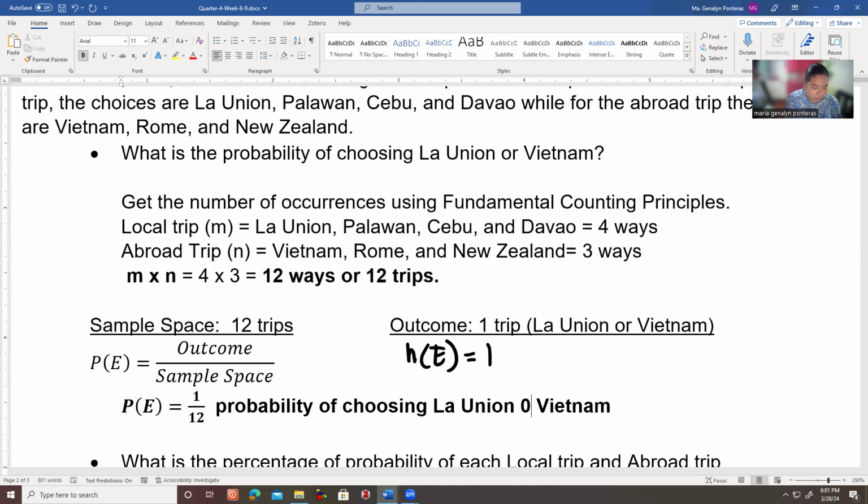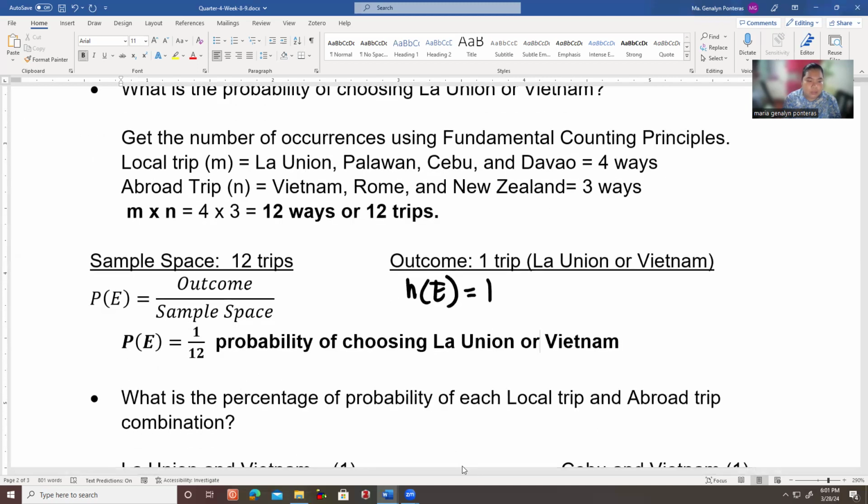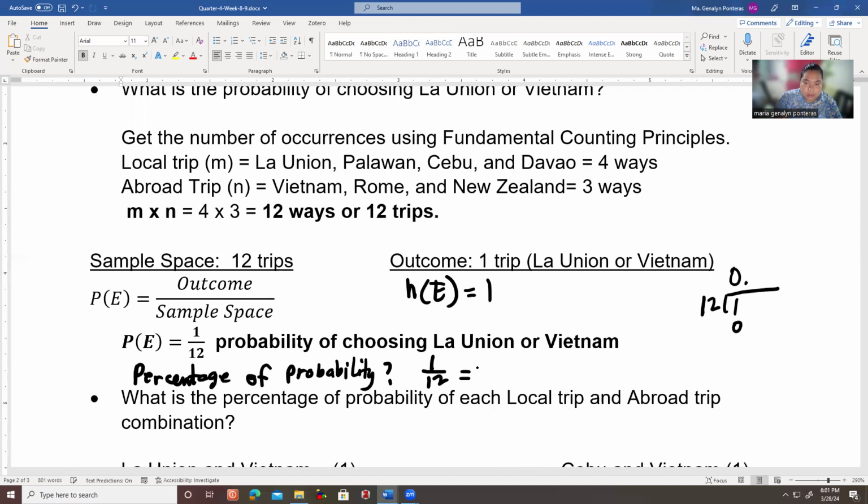Now, what if the question asks you for the percentage of probability? What will our answer be? You need to convert the fraction into a decimal. So you have here 1 divided by 12. Since we cannot divide, that's 0.